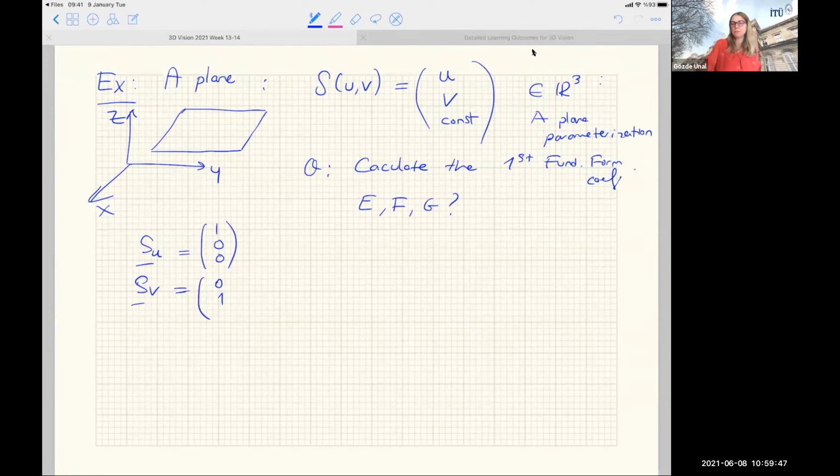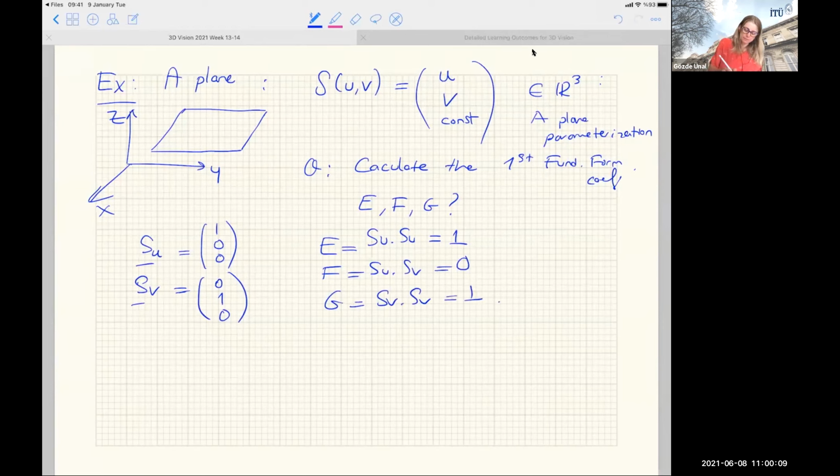These two vectors are actually my two tangent vectors. And you can just find E was S_u dot S_u, which is really 1. F is S_u dot S_v, which is 0. G is S_v dot S_v, again 1. I mean, guys, this is, by the way, a Euclidean plane, right? You see the first fundamental form reduces to the identity matrix, the 2 by 2 identity matrix.